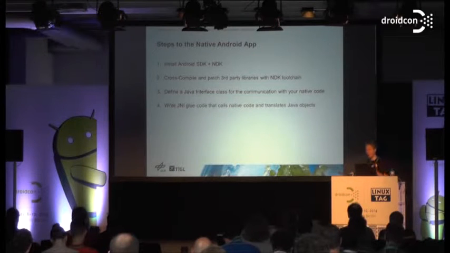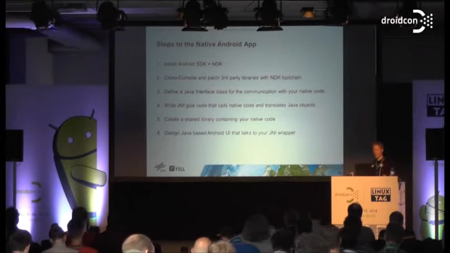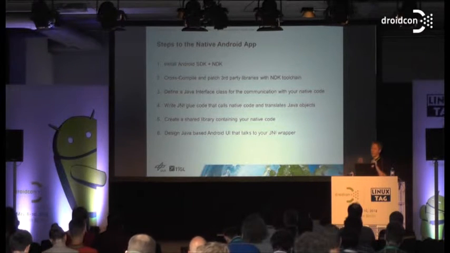Then you have to write by hand glue code in C++ which connects the Java interface and the C++ code. So that's the JNI glue code. Then you're compiling a shared library which you can use when calling from Java. And what we did is we designed a Java-based Android user interface.